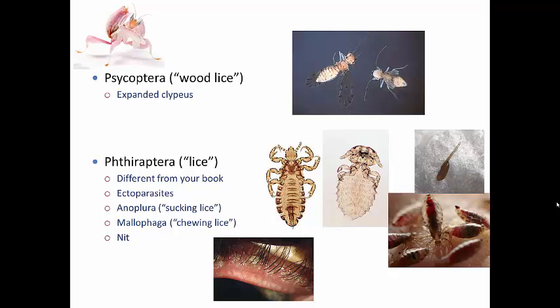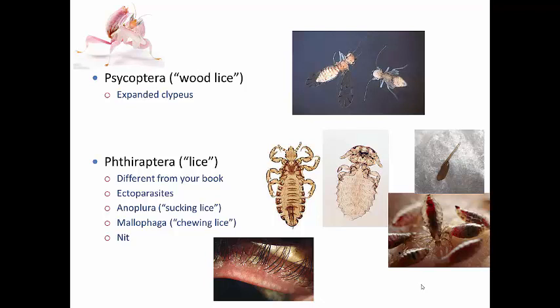If you remember back a couple of weeks ago, we talked about some of these adaptations of parasitic organisms, and one of the major adaptations was in the claw or the tarsi of these insects that had to hang on to fur as ectoparasites. If you look at these tarsi here, you can see they've got these obvious claws, and that's very different from the claws on these chewing lice. So it's sucking lice, chewing lice. You can look at these claws to see where they're going to be hanging on.